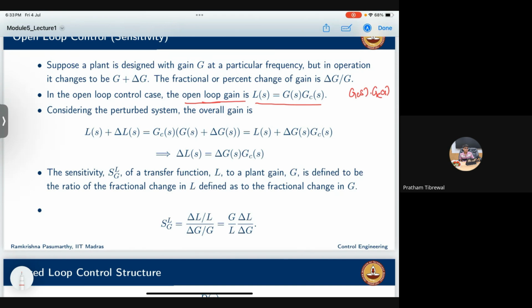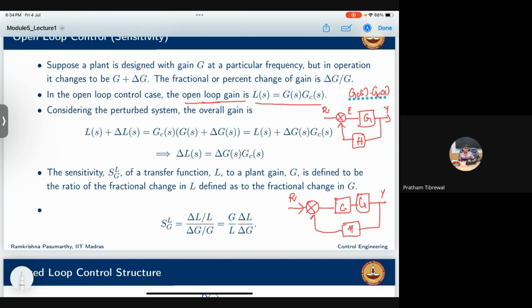For example, when you design a system, we know the standard system: this is R, G, Y, H, E. This is a standard system. When you introduce a controller into the system, this becomes R, C, G, Y, H, where C is the controller. Based on the error, the difference between the output and input is fed back as an error.